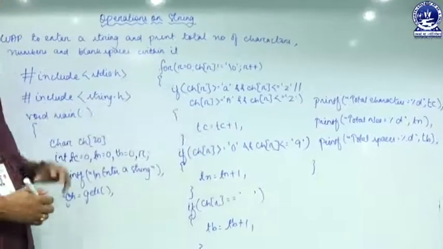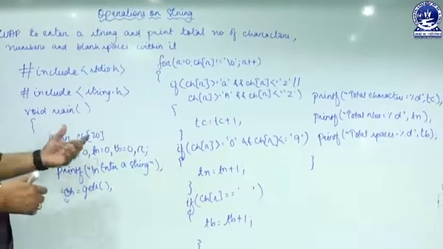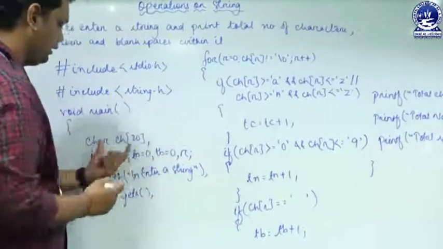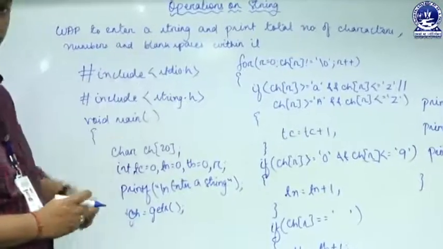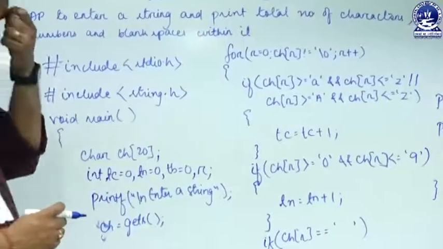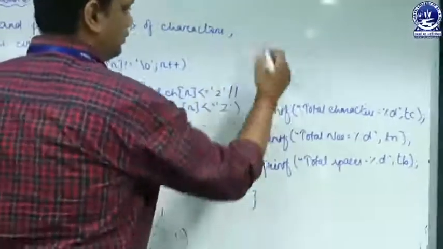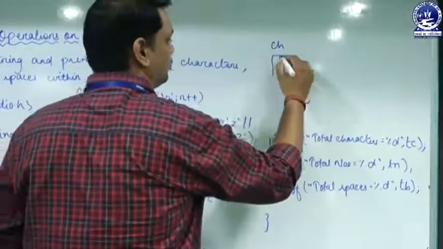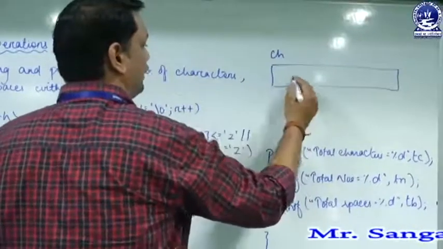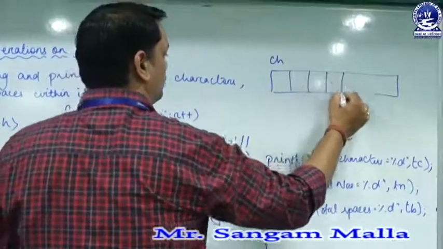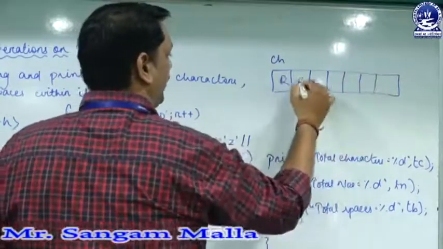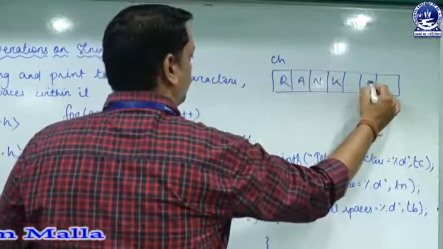So now let's take an example for it. As we know, we have to take a character array because we have to enter a string. Let's say I have written CH, in which I have written Rank1.